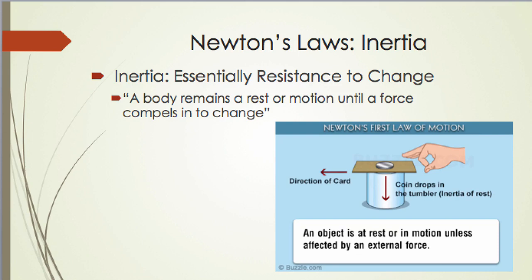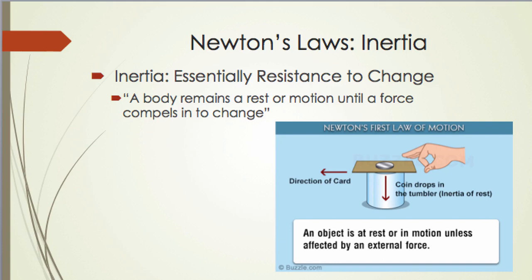Okay, so the first of Newton's laws of motion is the law of inertia. And inertia is essentially the resistance to change. So you've heard this before: a body remains at rest or motion until a force compels it to change.